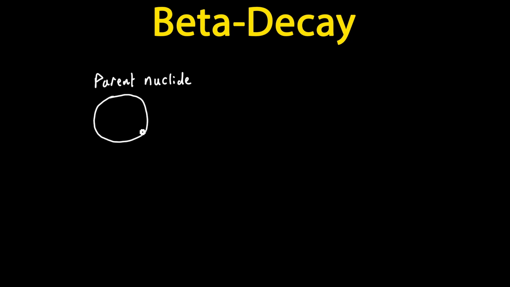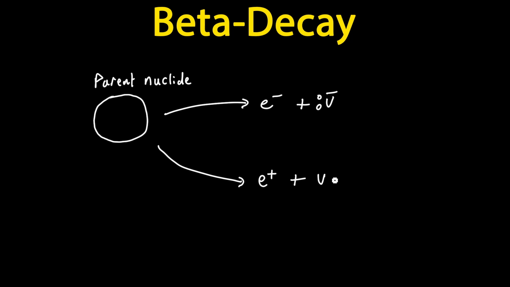Now, if this nucleus undergoes beta decay, it will either eject an electron from the nucleus along with an anti-neutrino, or it will eject a positron, which is the antiparticle equivalent of an electron, or an anti-electron, along with a neutrino. So this is an anti-neutrino, and this is a neutrino. And we also have some kind of energy from this process.